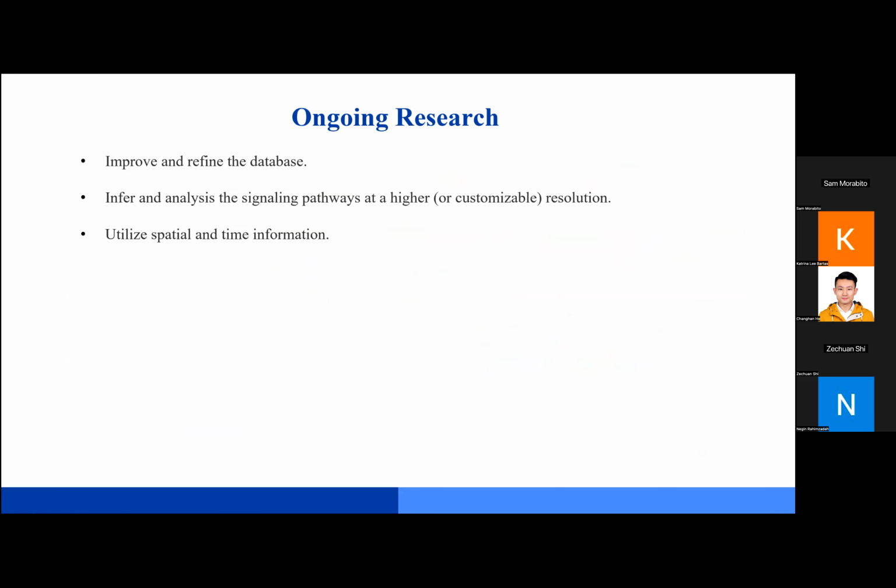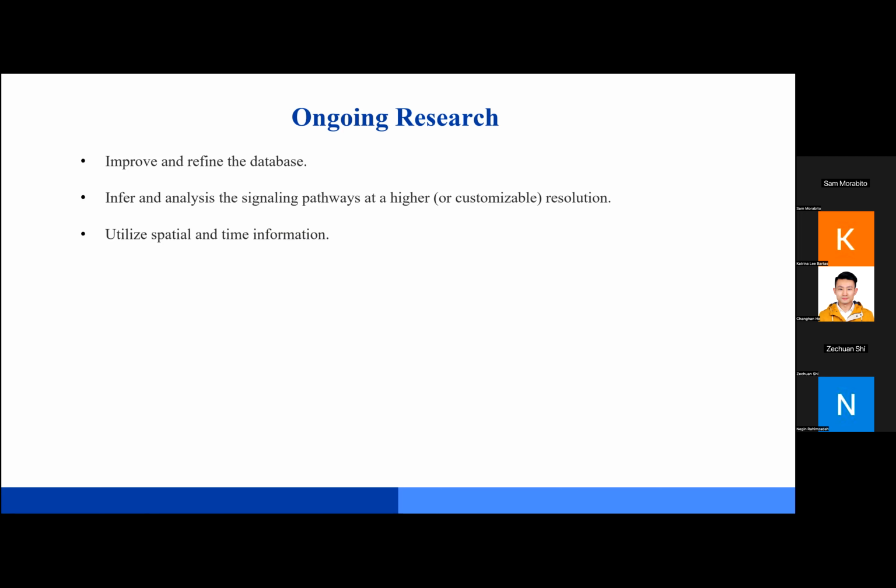I think that's the main part of my talk. The ongoing research that I'm doing right now is to first improve and refine the database, and then develop a new method to infer and analyze the signal pathways at a higher resolution, maybe single cell resolution or a more customizable resolution. We also want new methods that can utilize spatial and time information.